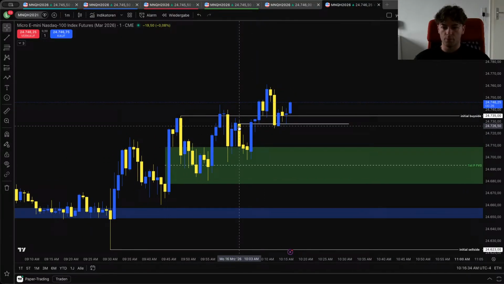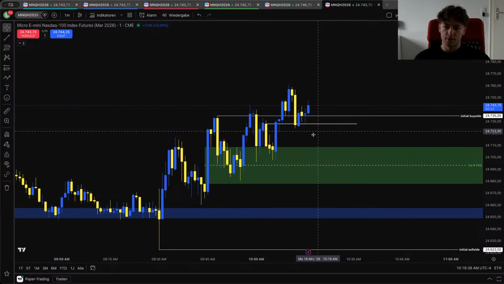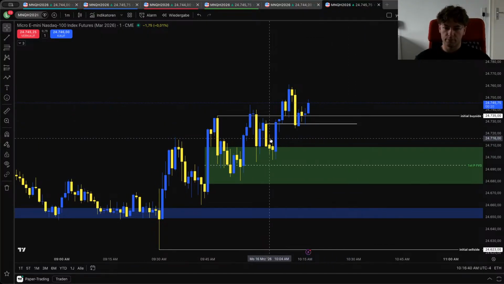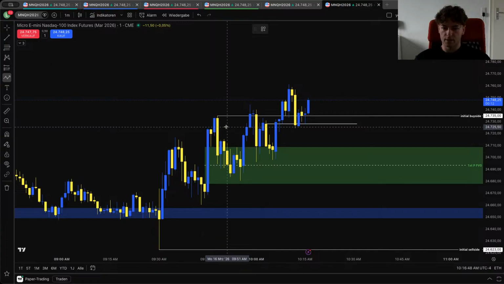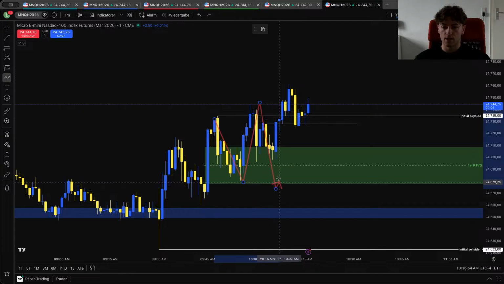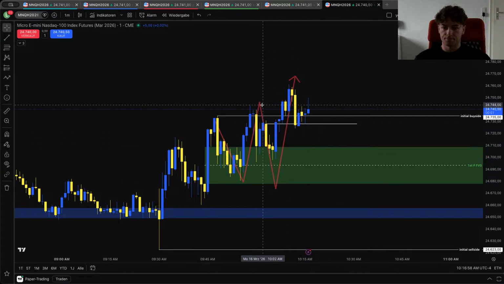Okay, so mitigation blocks are also auto blocks. That would not be a breaker because that's just a short-term low. This low is not taking out sell side liquidity. If you would see something like this, high, low, higher high, lower low, and then again a higher high, these up close candles, that would have been a breaker.